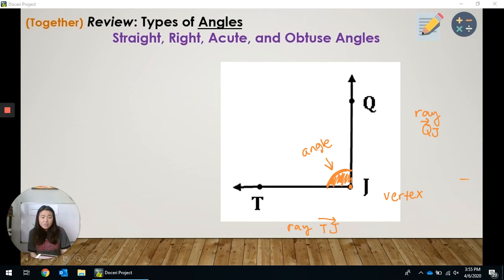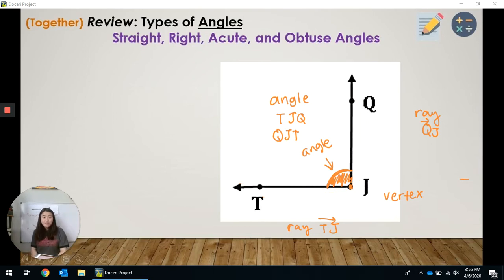And this angle has a special name, but we can also write it as angle. And so we're going to use our points. We're going to say it's either angle TJQ, or we can call it angle QJT. So either this way or the other way.